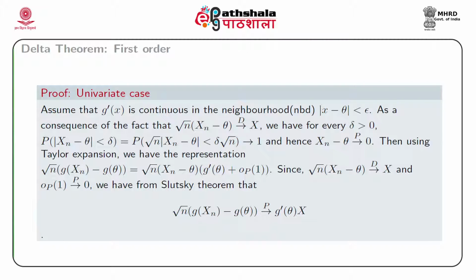Because square root of n times (Xn minus theta) converges in distribution to a non-degenerate random variable X, this immediately gives the fact that Xn converges to theta in probability.